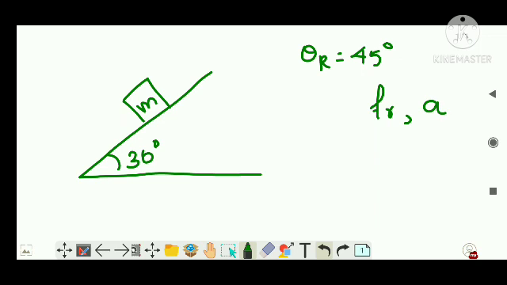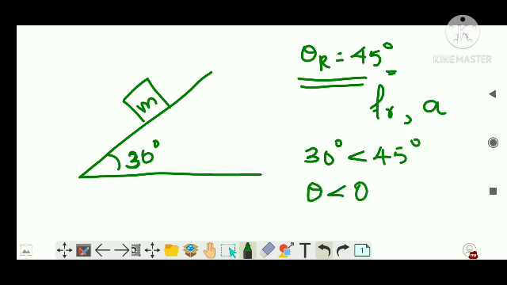First, the angle of repose is 45 degrees, which means only if the angle is greater than 45 degrees will the block slide. The inclined plane here is 30 degrees, which is less than 45 degrees. When theta is less than theta r, the friction acting is static friction, and static friction will be equal to the applied force.